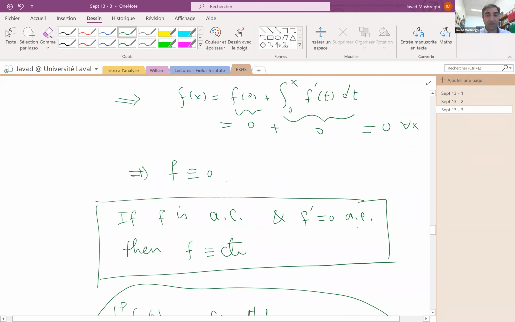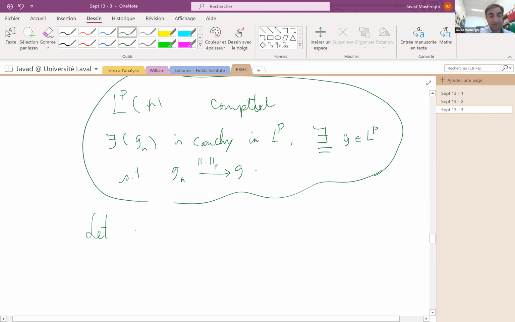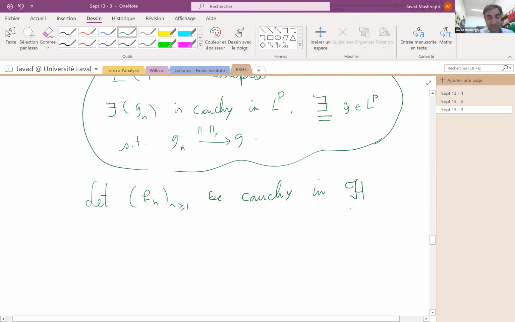Now let's go back and see what Cauchy means in our setting. Let Fn be Cauchy in H. For this, recall the norm of f in H: the square root of the integral from 0 to 1 of f prime of t squared dt.